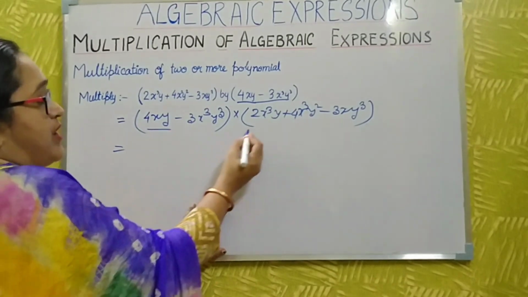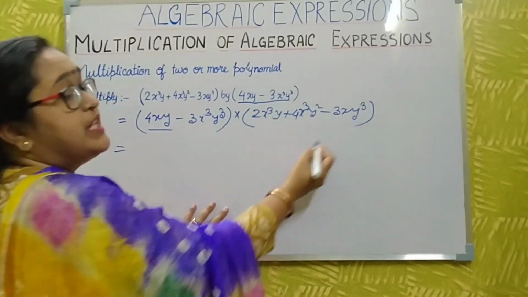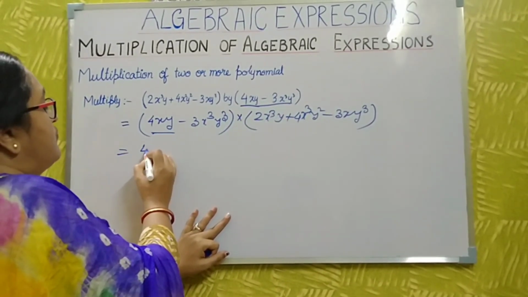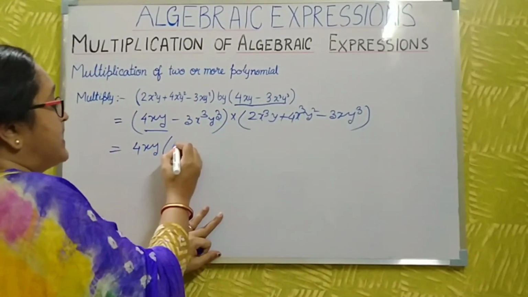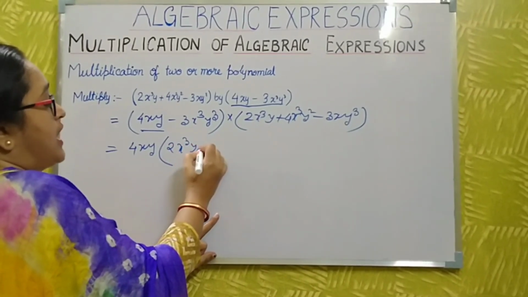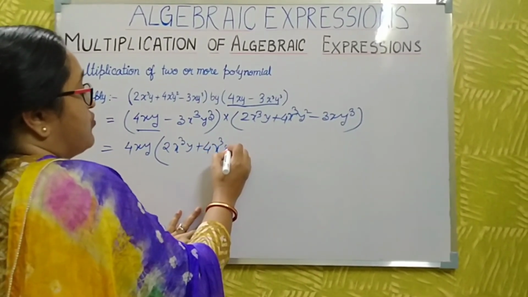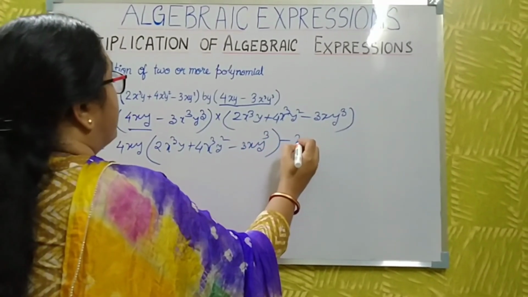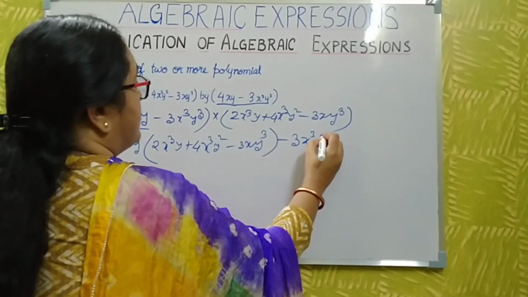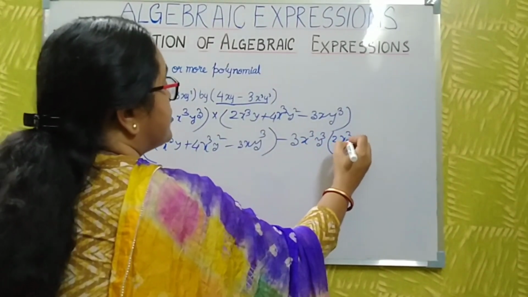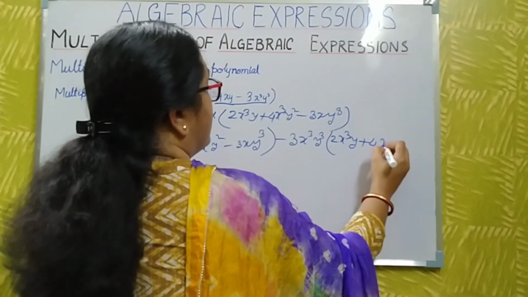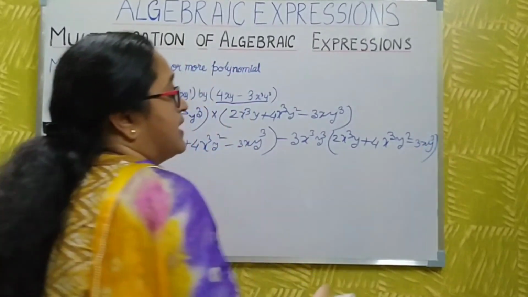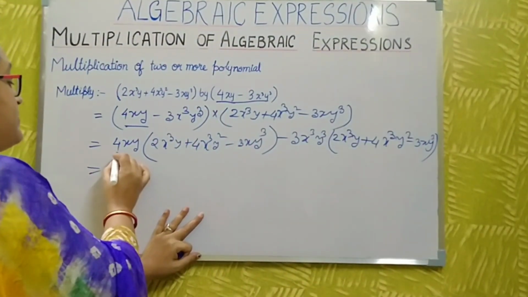Then you take the first term multiplied by the 3 terms of this polynomial. First you do 4xy within brackets, this one: 2x cube y plus 4x cube y square minus 3x y cube. Then you put minus x cube y cube and again 2x cube y plus 4x cube y square minus 3x y cube, like this.